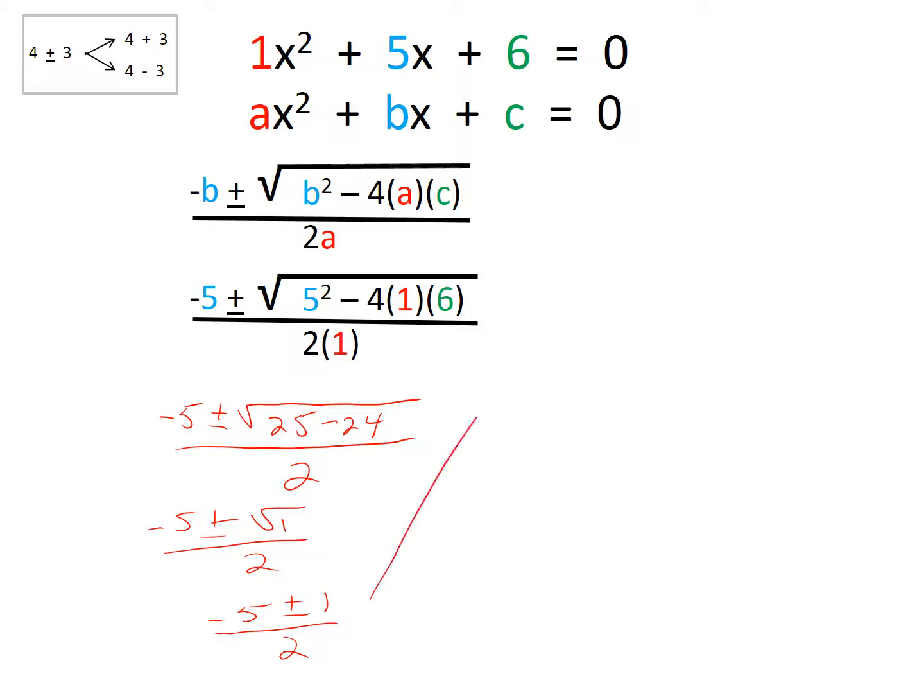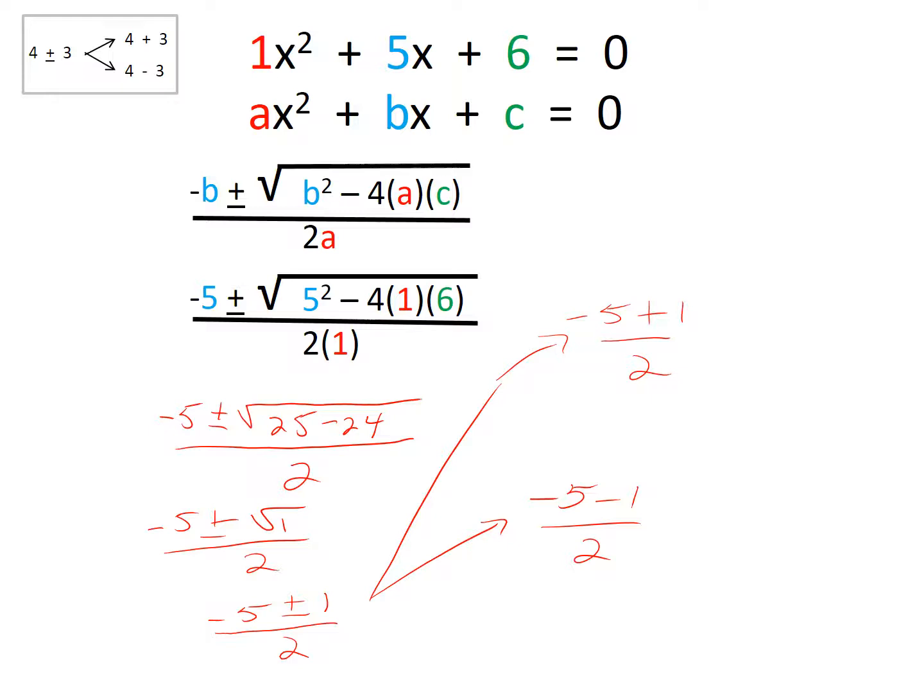So I'll be able to turn this into two expressions. I'll use the plus sign first, and I'll simplify this, and then I'll also use one with the minus sign. All right, and these should give us our two solutions to this equation.